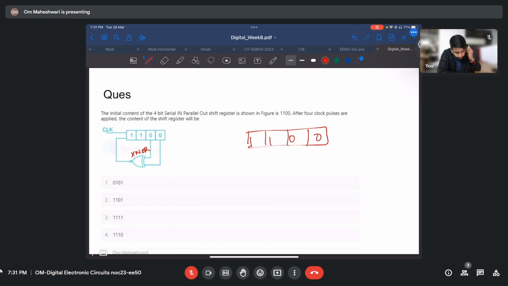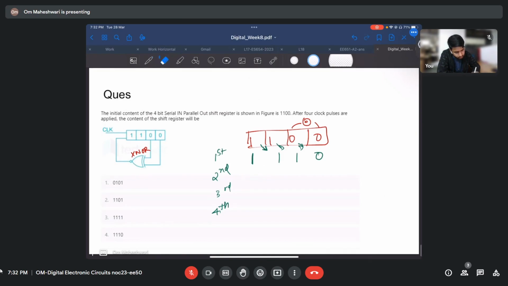So we have 1100. These two are ignored. So XNOR of 0 and 0 is 1. These will shift, 1110. This is the first cycle. Second, third, fourth. XNOR of 1 and 0 is 0.